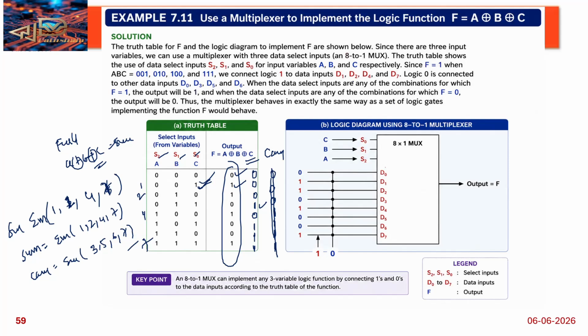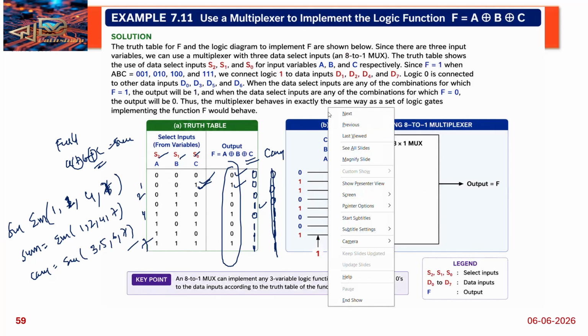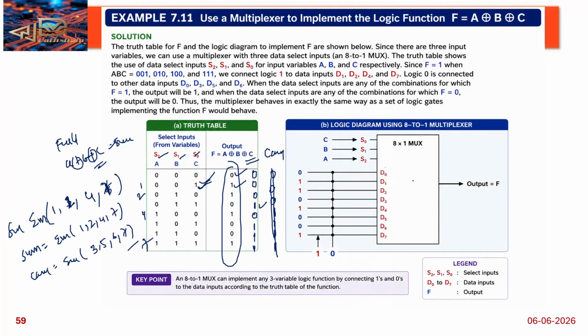Then draw the multiplexer here. Okay, so that is an 8 by 1 multiplexer I am drawing here. 3 select lines I am having, S0, S1, S2, A, B, C select lines I am taking here, because A, B, C I am connecting here. And then 8 inputs, D0 to D7. For sum and carry I want to design here.